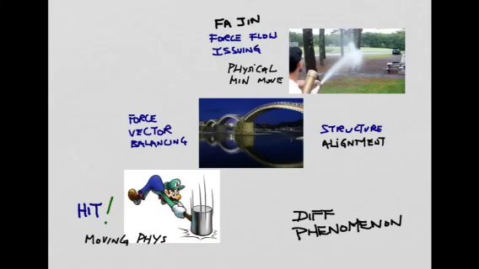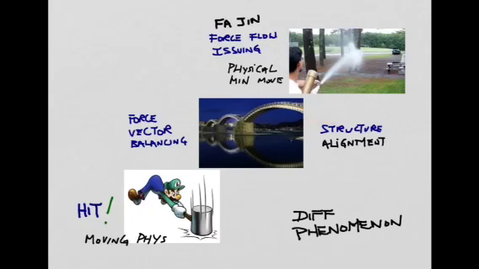The second type is what we call force vector balancing, or how to hold a structure or make alignment so that the structure is able to balance the force from different directions, such as the bridge here, which will be able to balance force vectors in different directions.